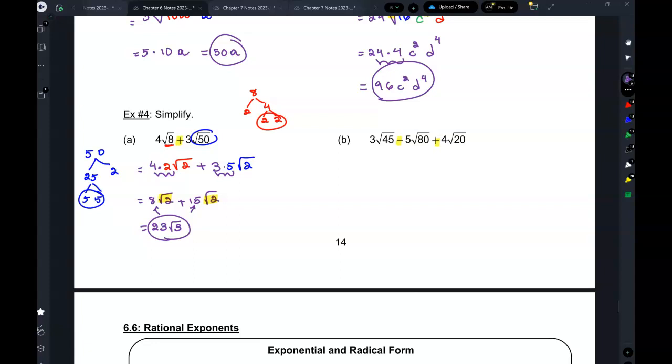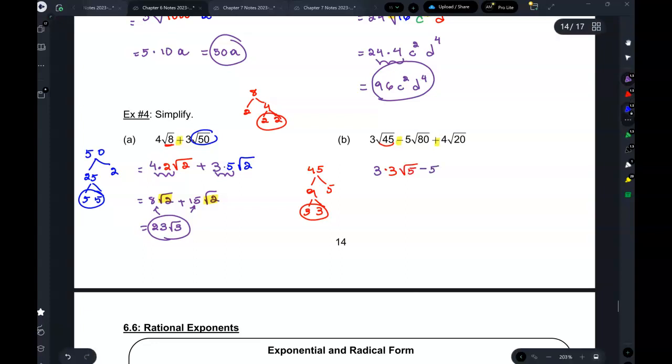Okay, one last one. So I have 3 times root 45. So let's do root 45. That's 9 times 5, 3, 3. These 3's come out, 1, 5 stays in.